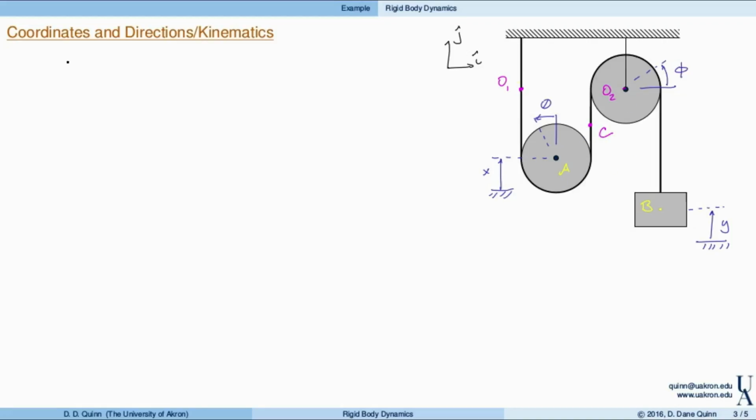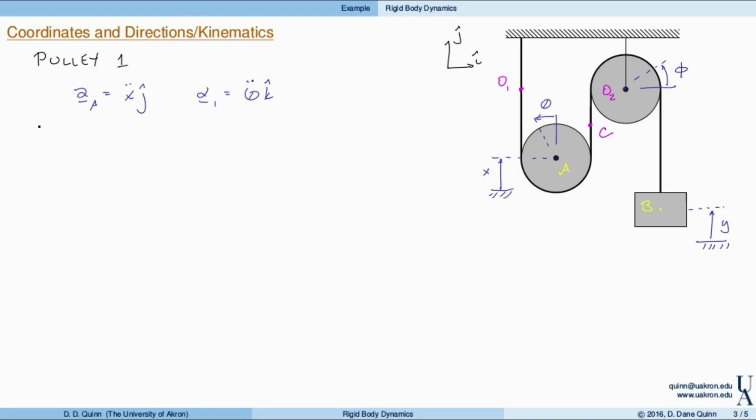So if I look at pulley 1, which we will distinguish as the left pulley, we find that the acceleration of its mass center, namely A, is x double dot in the j direction, while the angular acceleration of pulley 1 is described by this angle theta as theta double dot in the k direction. And so we have the linear and angular acceleration of this pulley.